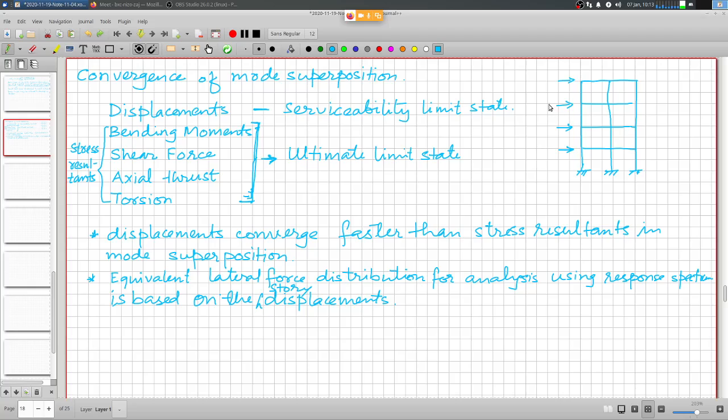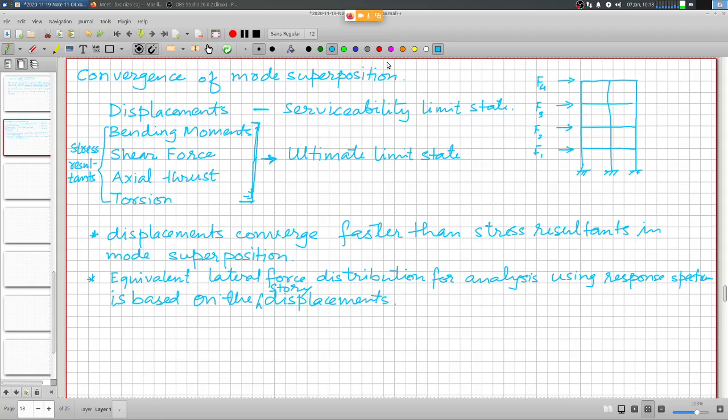So these are the lateral forces that you have. So let's say F1, F2, F3, F4.